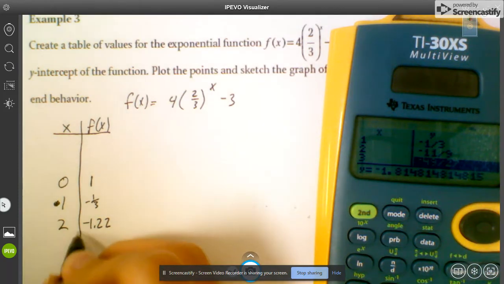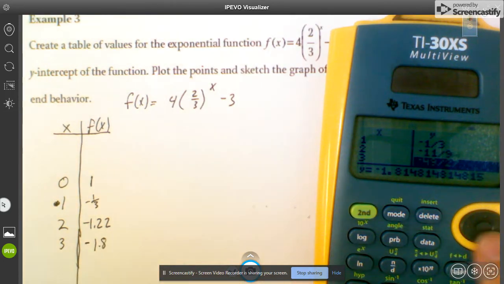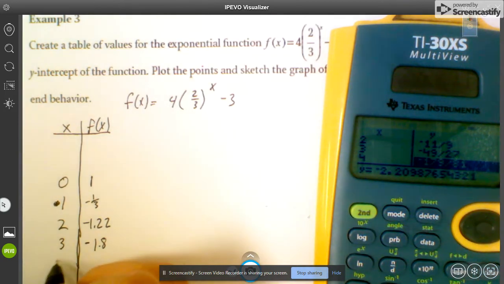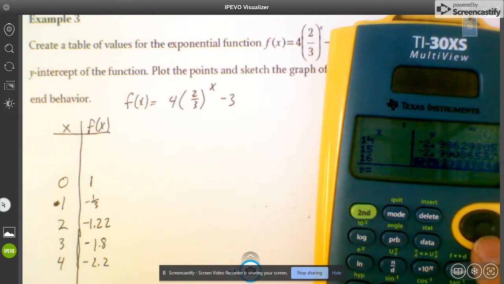That's -1.8. -2.2. And as you can see, we passed 2. It looked like we might have been getting close there. So I'm going to go out a little further and see if we can figure out. Here we go. What is it? We appear to be approaching -3. And as you can tell, we keep getting closer and closer, but we're not going to get there.